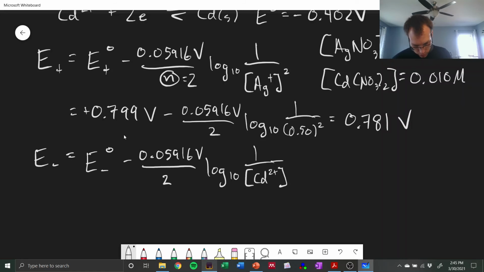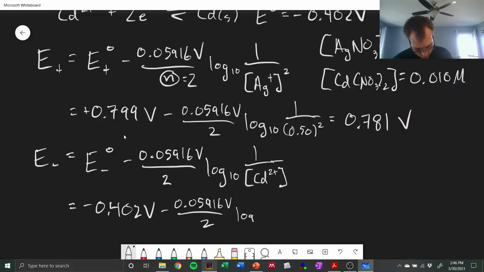Okay, so then we can plug in negative 0.402 volts minus 0.05916 volts over 2 log base 10 of 1 over 0.010 molar.